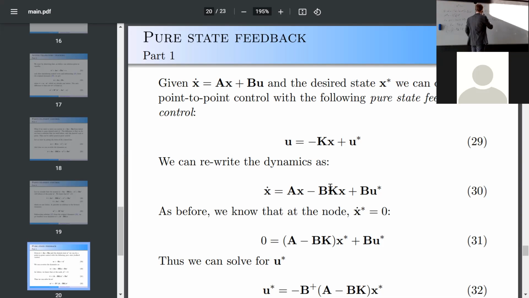Now I substitute here. I know, for example, that x dot star is equal to 0, because this is a fixed point. And so here we'll have 0, and here we'll have ax star minus bkx star plus bu star. Clear, right?